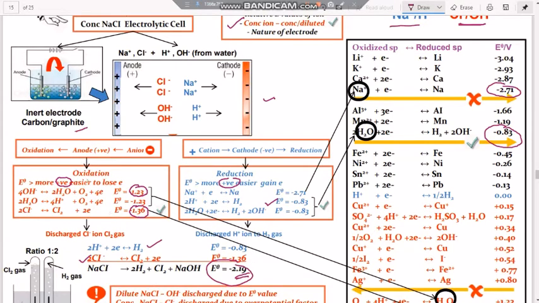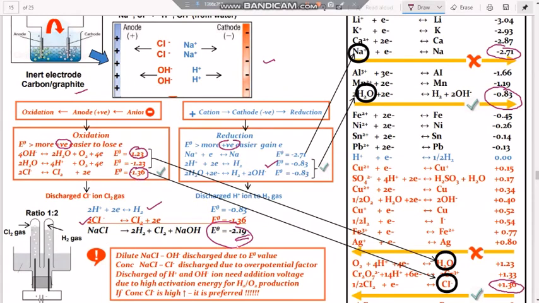One thing we have to remember is that these E0 values are the most important factors. When you take dilute sodium chloride, OH minus ion discharges due to E0 value, because the OH minus ion value of minus 1.23 is greater. When you take concentrated NaCl, Cl minus gets discharged due to the overpotential factor.